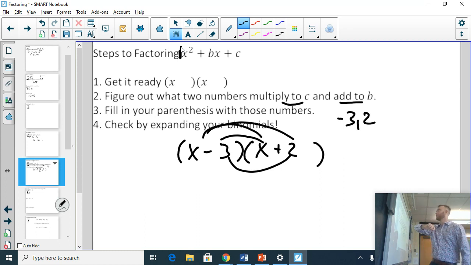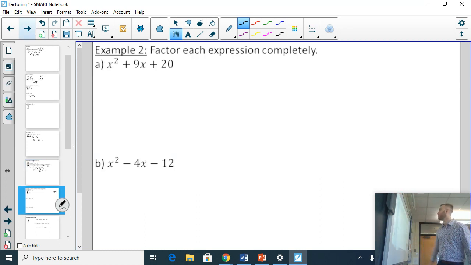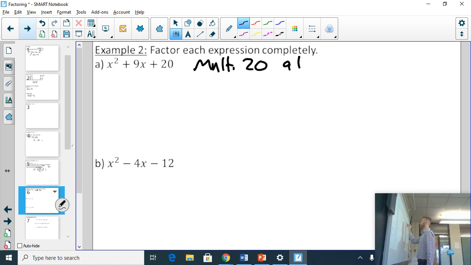And let's just go through an example. So factor each expression completely. So we're looking for something that multiplies to 20 and adds to 9. And I see that invisible 1 in front of that x squared. So I know that I can just immediately set up my parentheses like that.